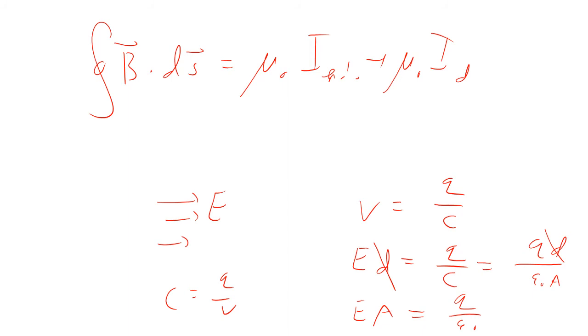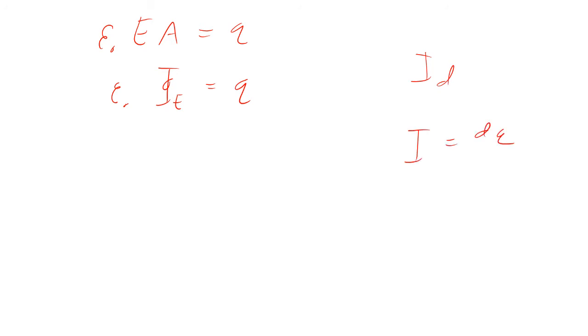And he looks at that and says, no, wait a minute. Let's multiply again by epsilon naught. So epsilon naught EA is going to be Q. So epsilon naught E times A is going to be Q. Well, this is epsilon naught times the electric flux is Q. Well, remember this displacement current? Okay, what is current? That's dQ dt.